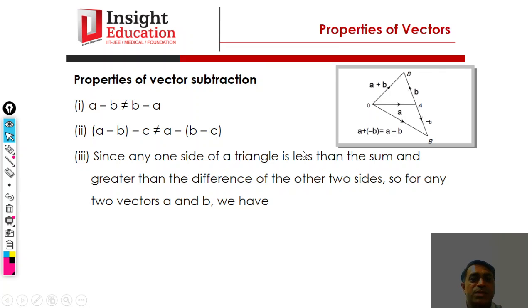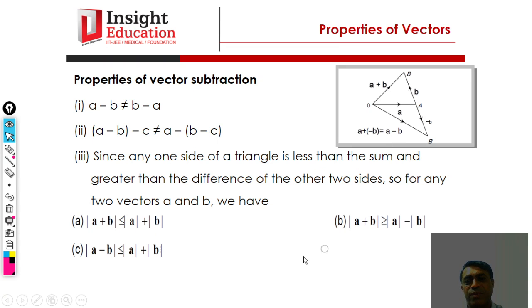Since any one side of the triangle is always less than the sum and greater than the difference of the other two sides, mod of a plus b is always less than or equal to mod of a plus mod of b. Similarly, for this triangle, mod of a minus b is always less than or equal to mod of a plus mod of b. Mod of a plus b is always greater than or equal to mod of a minus mod of b, and mod of a minus b is always greater than or equal to mod of a minus mod of b.